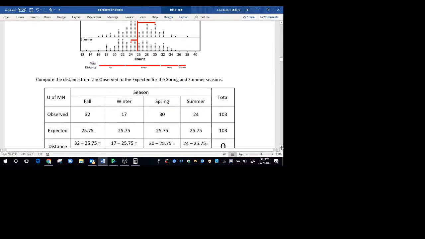However, when I go to count the p-value, or count which observations support the research question, I'm going to be counting values only to the right. The reason is that this negative 8.75, this distance here for winter, when I square that, becomes a positive value, quite a large positive value. So all of my negative distances become positive values when I go through the squaring.